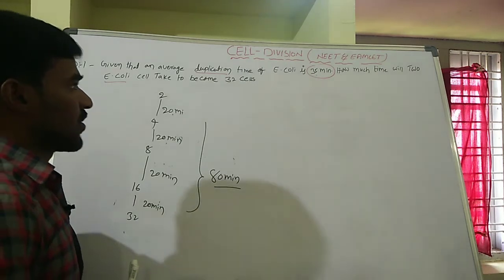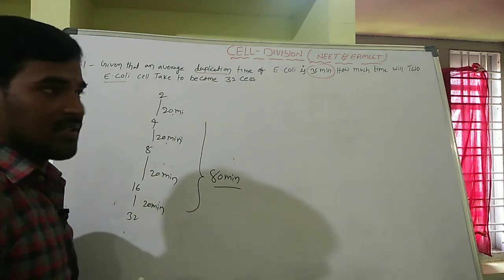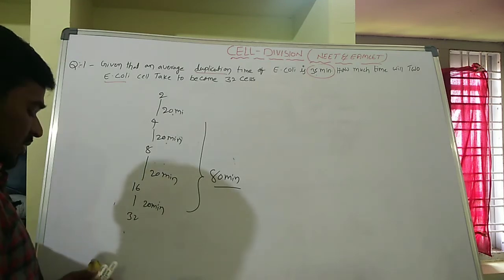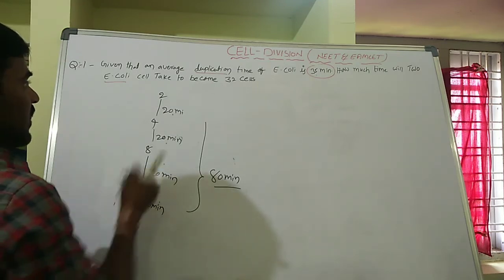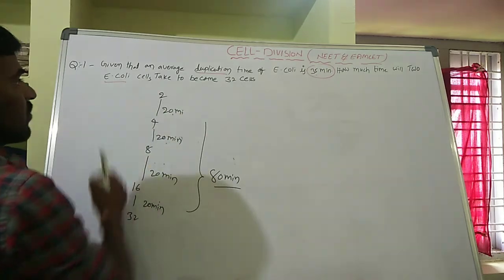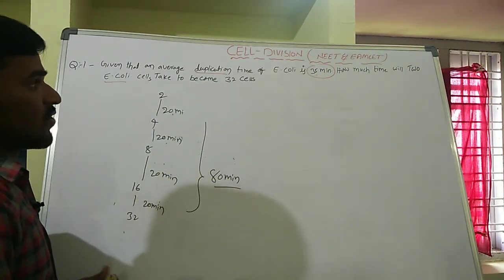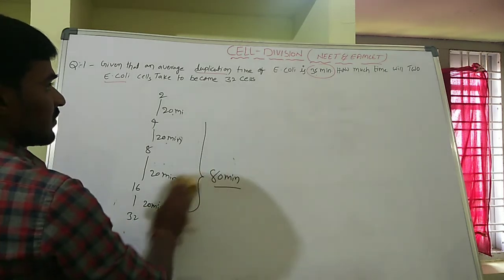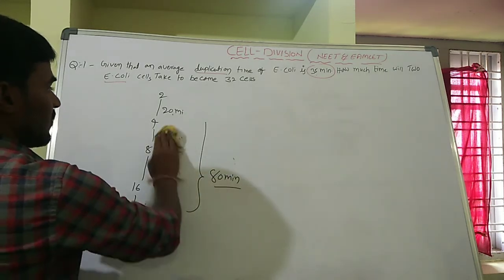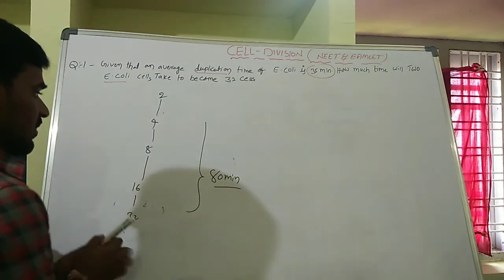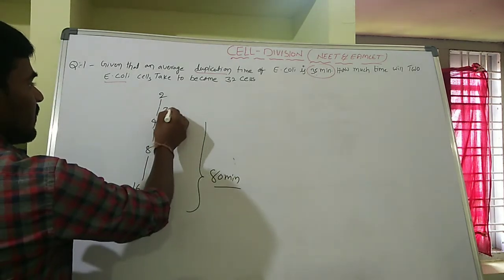Given that an average duplication time of E. coli is 35 minutes, how much time will two E. coli cells take to become 32 cells? He changed the time here. Now, instead of the 20, we have to use the 35 minutes.